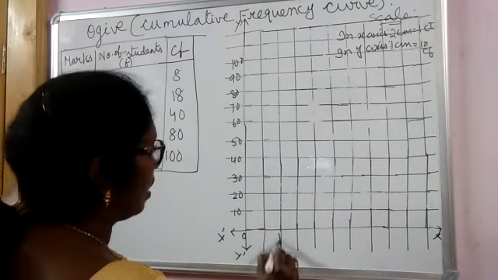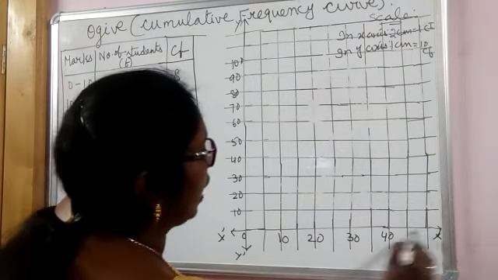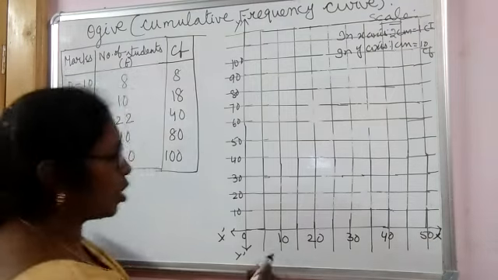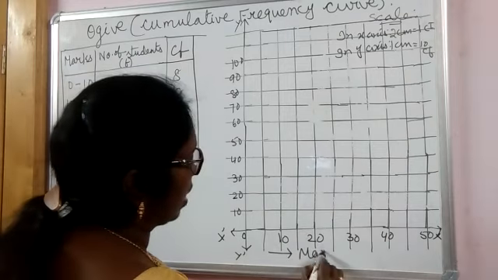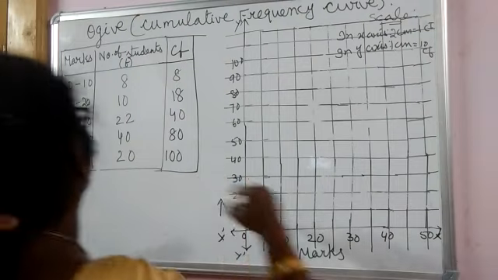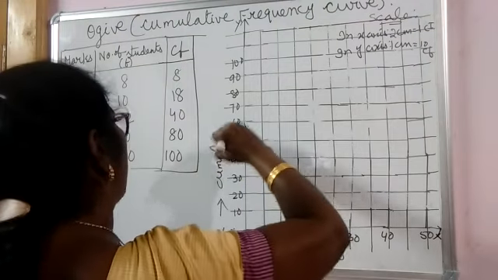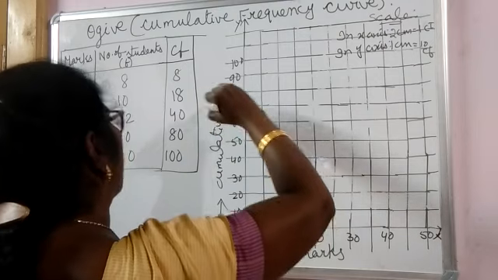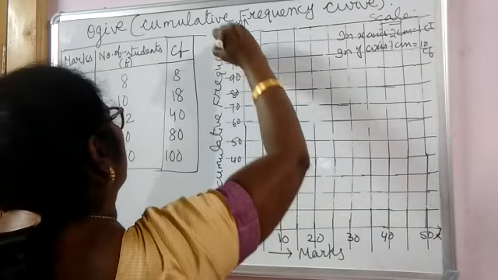Here 10, 20, 30, 40, 50. Also mark what you have taken here. In x-axis we have taken the class intervals, that is marks. Corresponding cumulative frequencies we have taken in the y-axis.